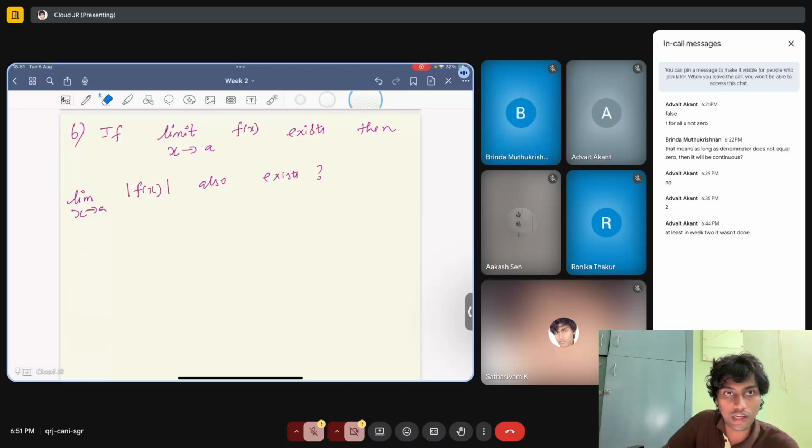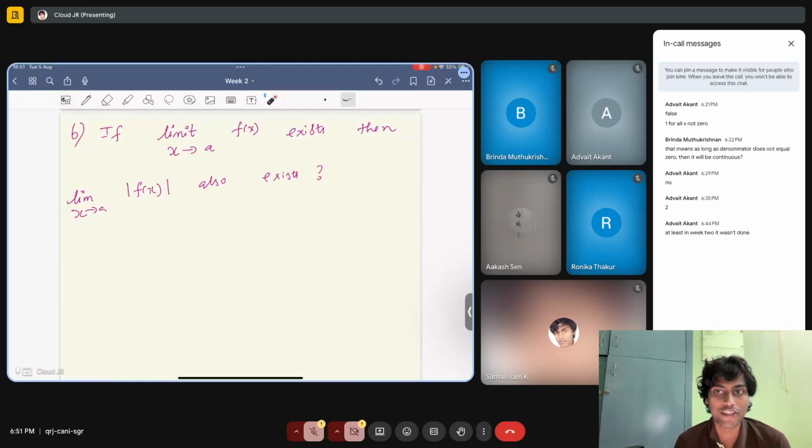So the question is, if the limit as x tends to a of f of x exists, okay, then does that mean the limit as x tends to a of modulus of f of x also exists? Okay, this you probably take some time.